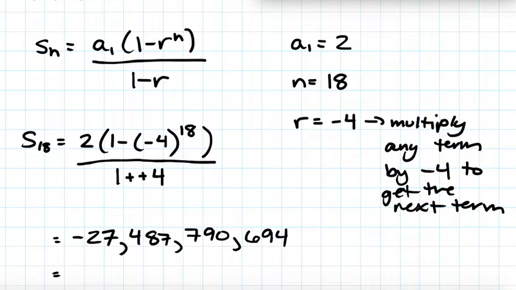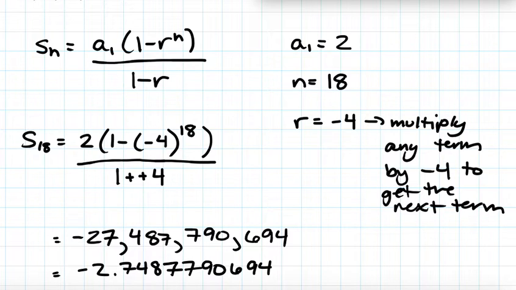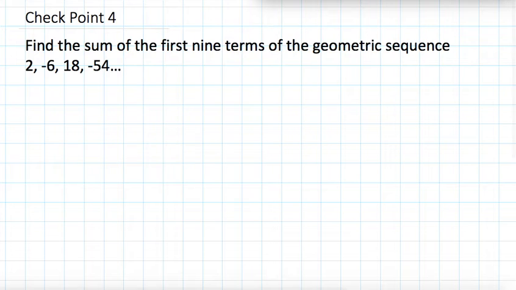On your calculator, you will probably see, again, the scientific notation, and you see that the number is the same, but what's happening is they're moving the decimal point 10 places, and that's why it says E10 or times 10 to the 10th. So just be aware of that. Again, you won't really have to worry about this on any of the homework problems because they're all going to be smaller numbers than this. But for some reason, the book decided to put a really big answer here that kind of throws off the calculations. So you should look at checkpoint problem number 4, do this in your notes, check your answer, and then move on with the rest of the video.